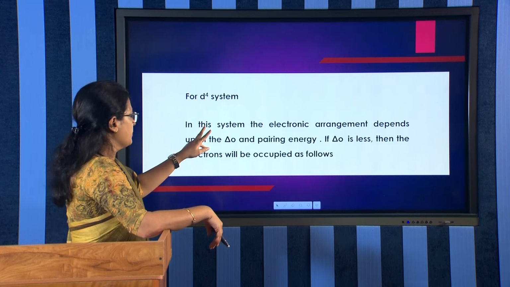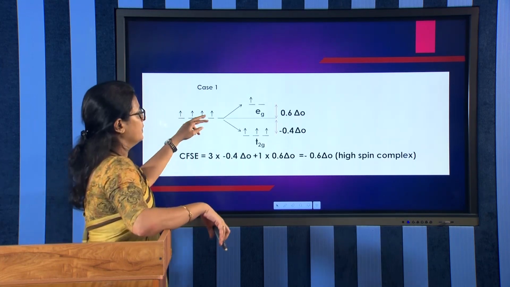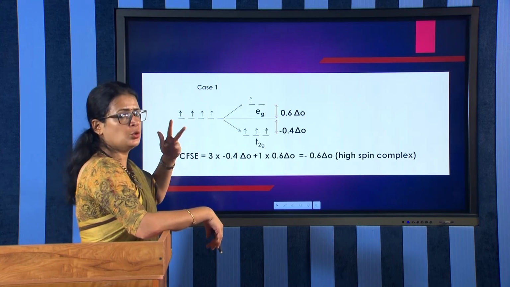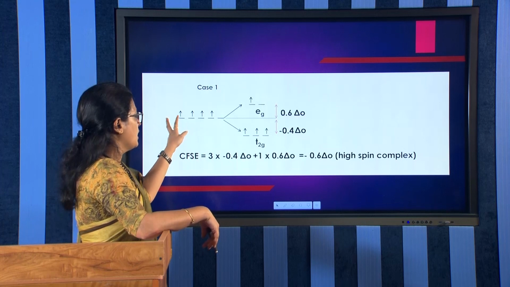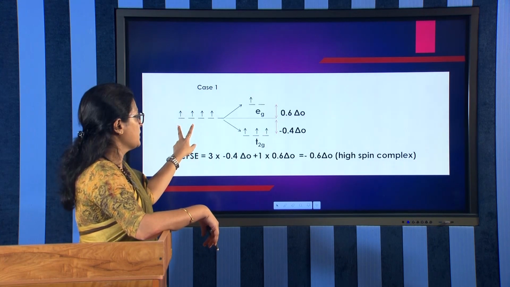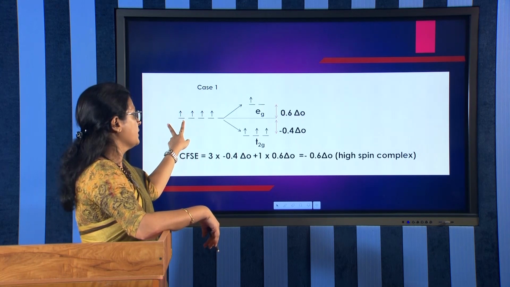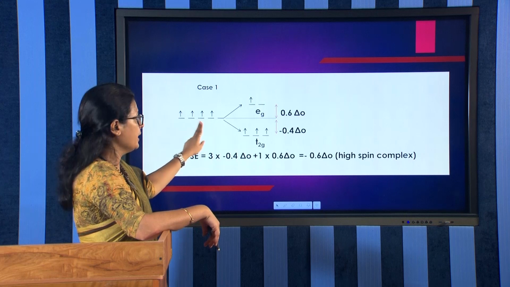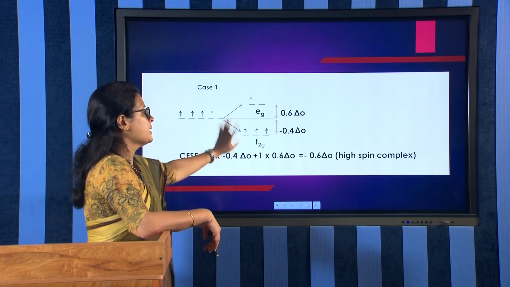For the D4 system, you have 2 different cases, that is case 1 and case 2. You have different possibilities. I will be explaining, that is D4 means 4 electrons in the D orbital, all the degenerate D orbitals are there. In the absence of ligand, electrons will be like this. When ligands approach, they will be splitted.